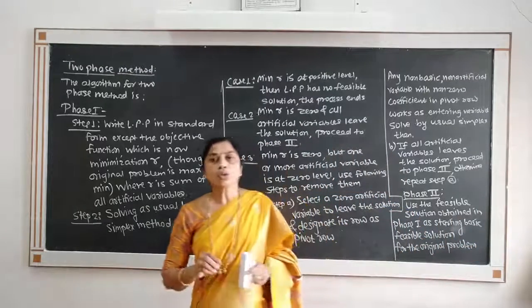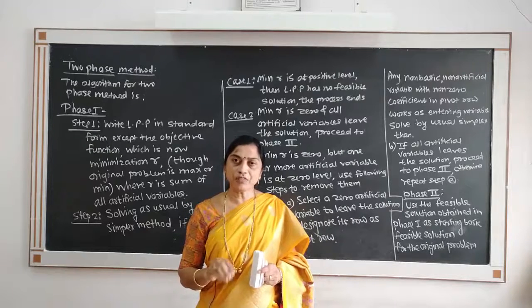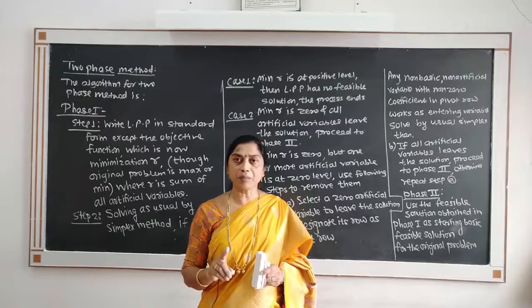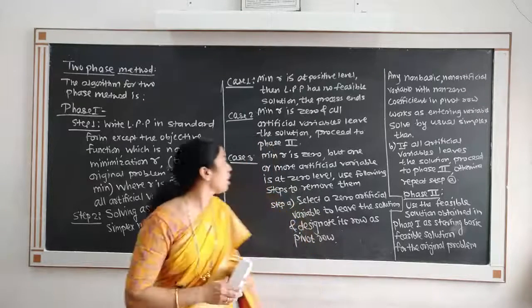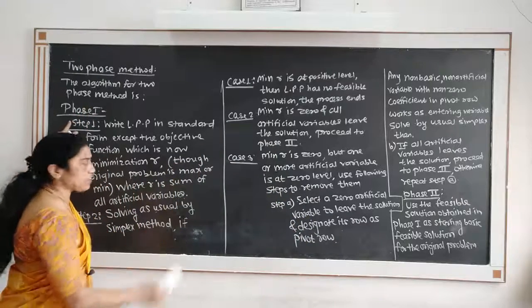So those simplex examples in which there is artificial variable can be solved by two-phase method. Two-phase method has phase 1 and phase 2.